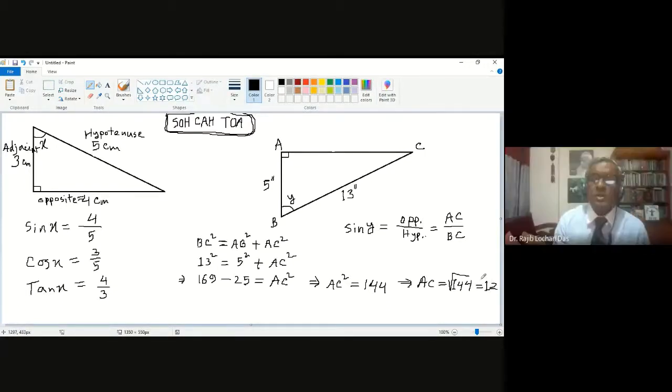Yes, sir. Now you have the AC value, so you put this value here. Therefore sine y equals 12 by 13, because we now have AC equal to 12 and BC is the hypotenuse, which is already given. So this is the answer. Is it okay?